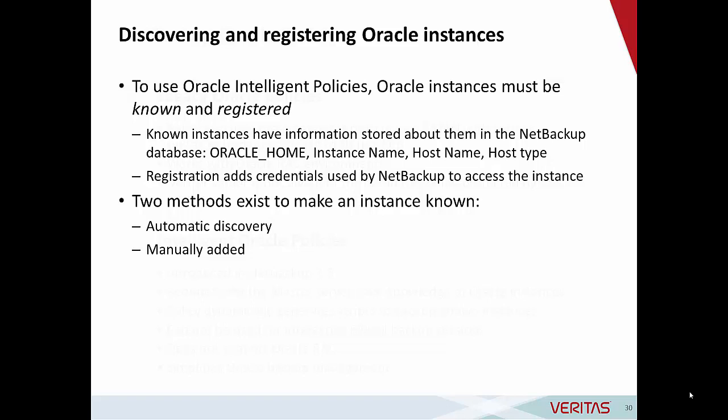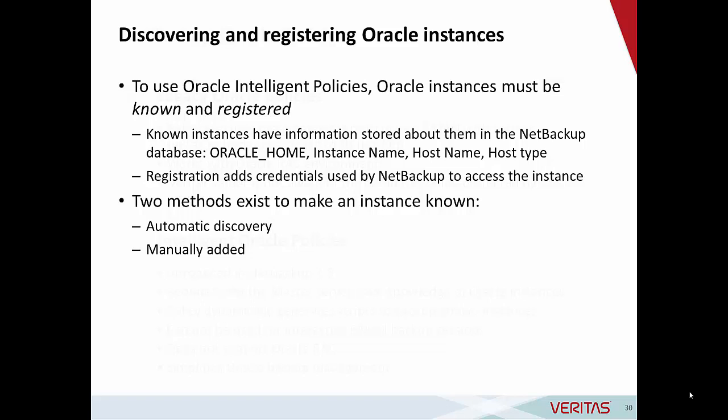Now, starting in 7.6, we introduced Oracle Intelligent Policies, which means that specific Oracle instances are registered with the master server. So the master server is aware of the Oracle instances and the Oracle databases that it's protecting. And the intelligent policy will dynamically generate scripts to back up these known database instances. And that eliminates the necessity to write our own scripts to protect Oracle databases.